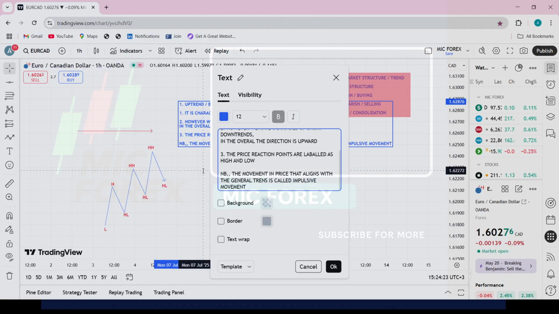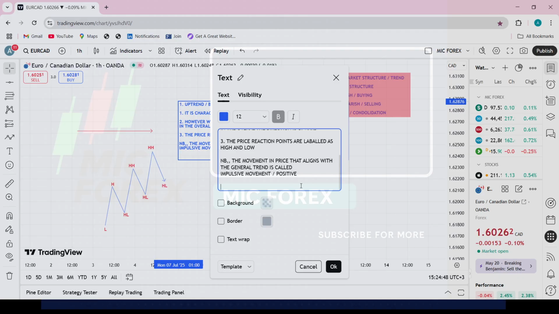You can also call it positive price movement. You can also call it general trend, although I have already indicated it here. So that is the general trend. Let me cut it so that it doesn't, yes, like that.